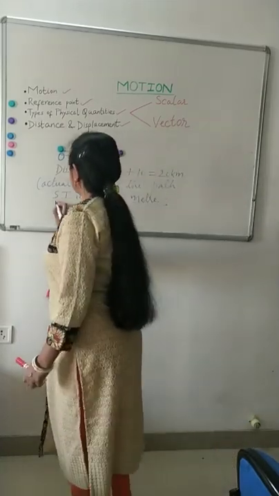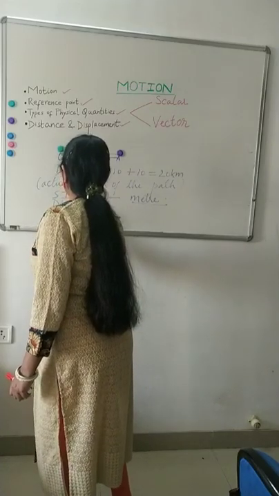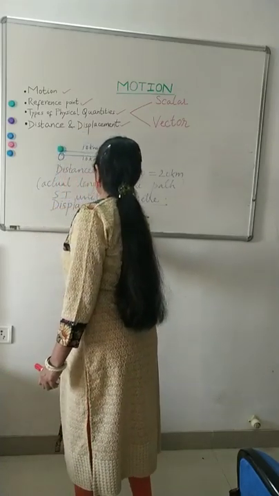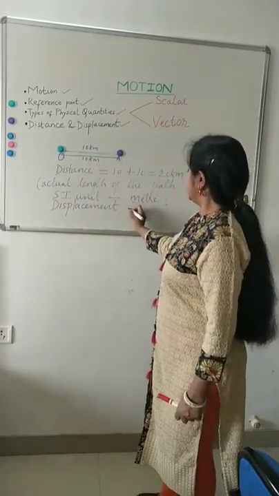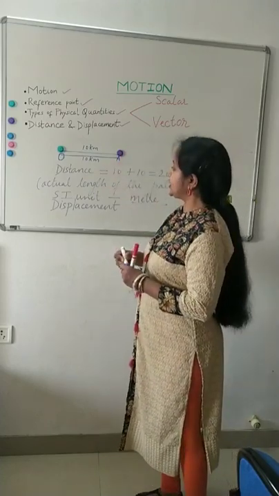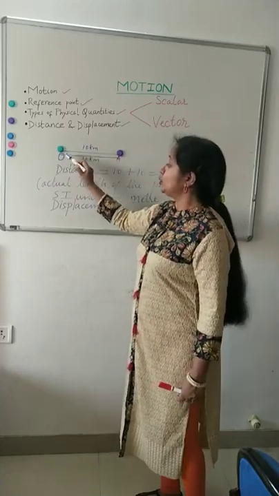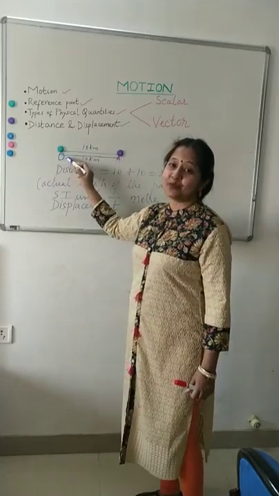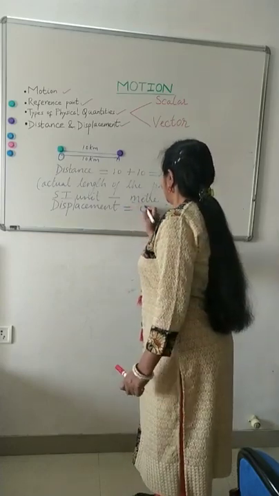Now we come to another term which is new for you this time, that is displacement. The displacement in this particular case, where Harish has travelled from point O to A and A to O, is, surprisingly, 0. But why?